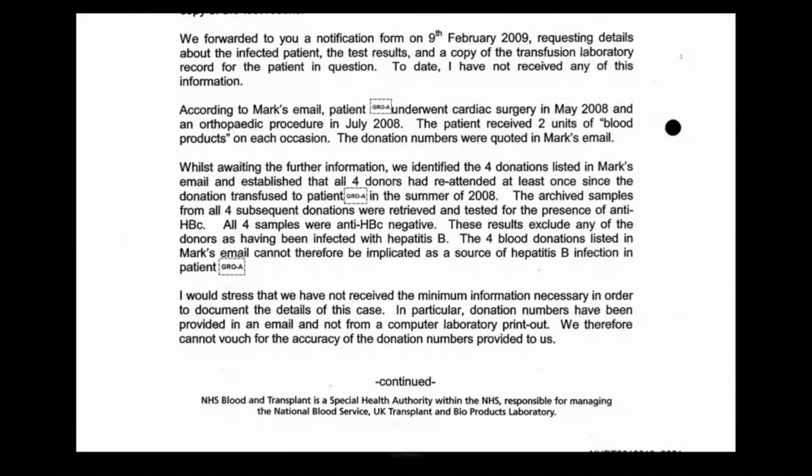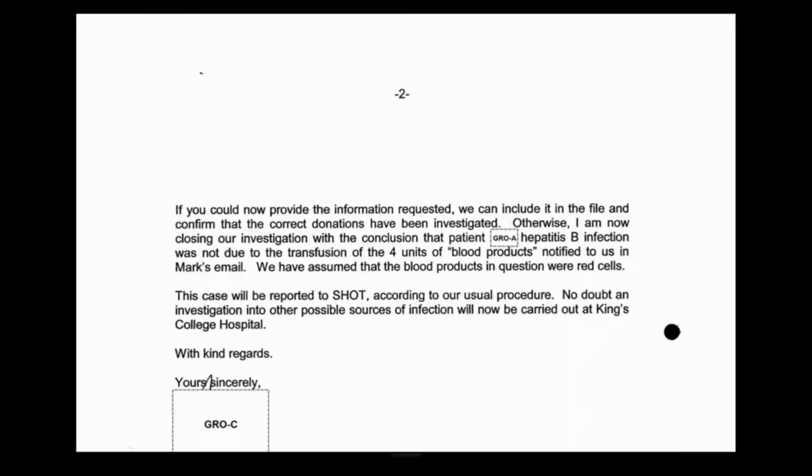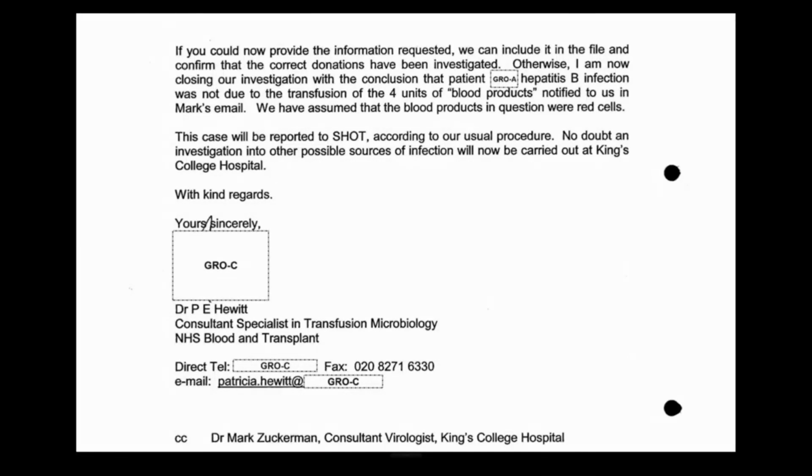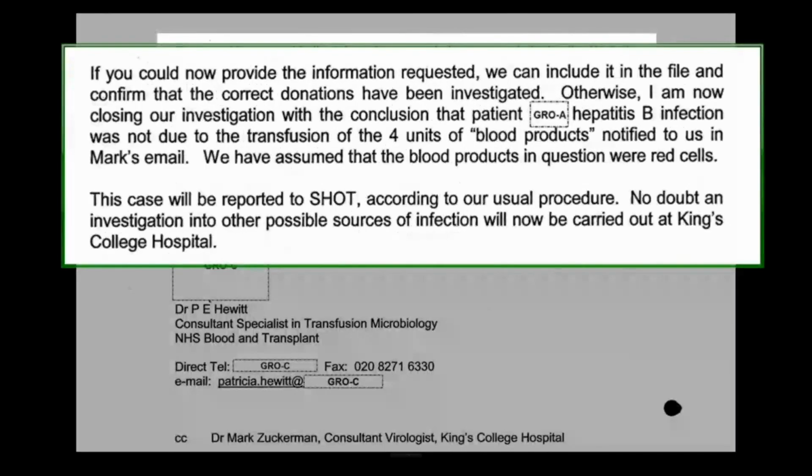If you could now provide the information requested, we can include it in the file and confirm that the correct donations have been investigated. Otherwise, I'm now closing our investigation with the conclusion that patient X's hepatitis B infection was not due to the transfusion of the 4 units of blood products notified to us in the doctor's email. We've assumed that the blood products in question were red cells.